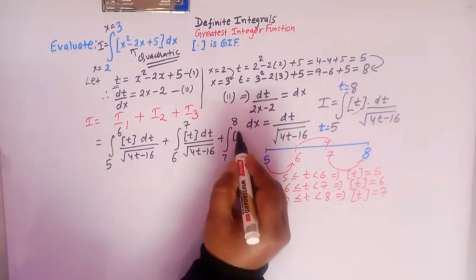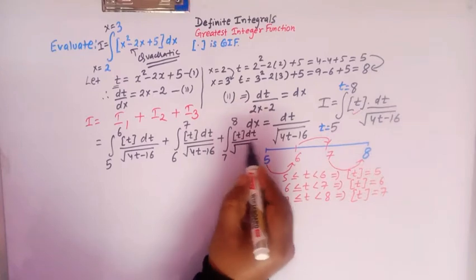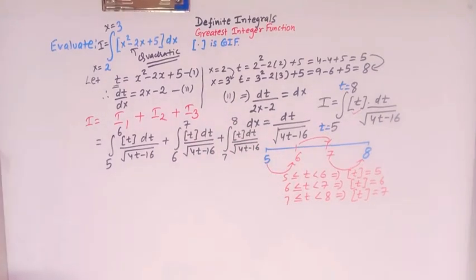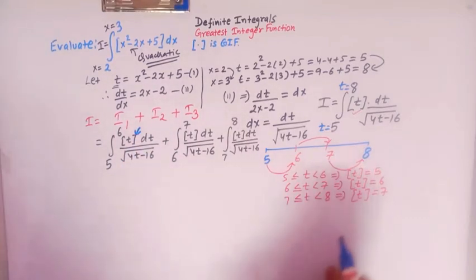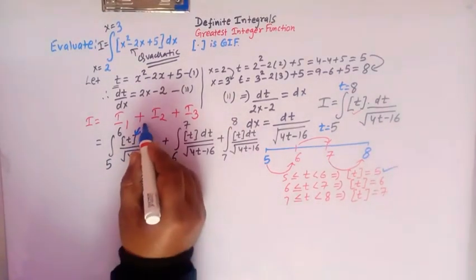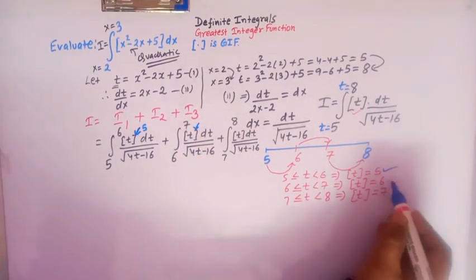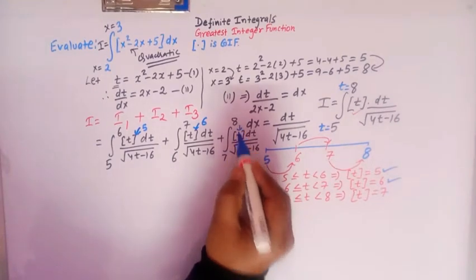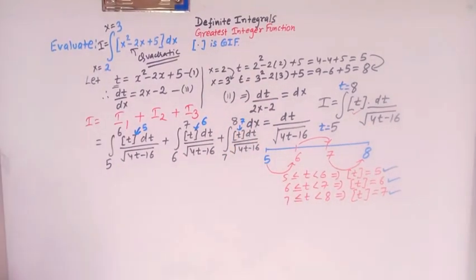And we have greatest integer t dt over square root of 4t minus 16, right? Okay, so now for this greatest integer t, we can write 5, and for this greatest integer t we can write 6, and for this greatest integer t we can write 7, right?